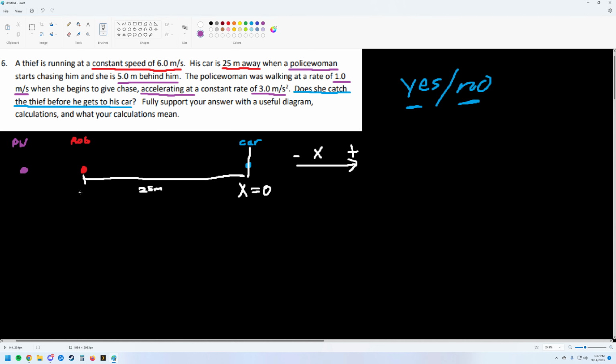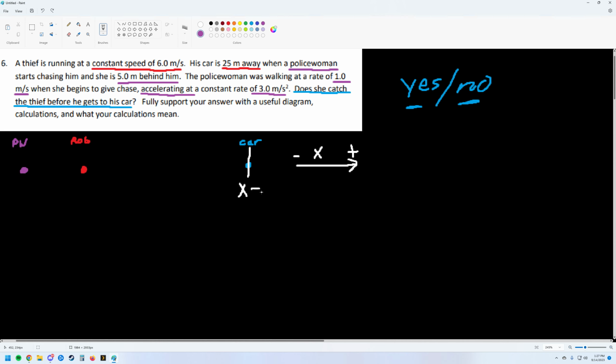So we could do a starting position of, well, see, this is the thing. You could do 30, I guess, would be easier. So this guy could be negative 25, she could be negative 30, car could be 0, just based on how we did it.